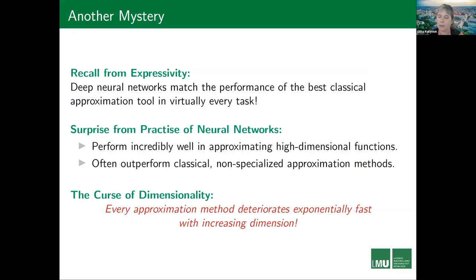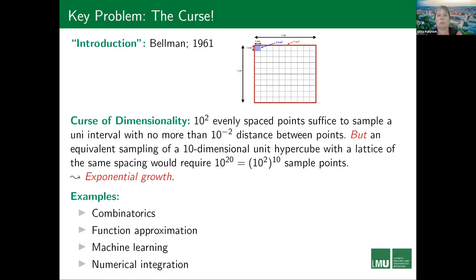Wienen already gave a very nice introduction, so let me recap a bit what this is. It was introduced in a certain sense by Bellman in '61. If you look at this square and you would like to sample it uniformly, so that there is a certain maximal distance between points, then here you would need 10 to the 2 evenly spaced points.